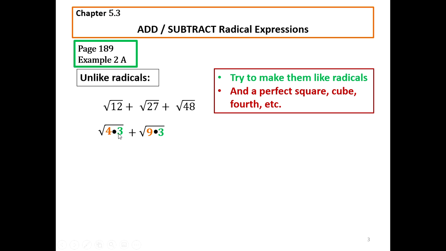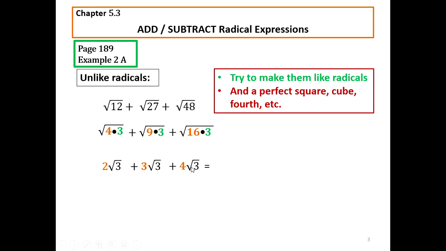So let's see also if a 3 goes into the 48. And yes, 16 times 3. So we have here, take the square root of 4, 2 comes out, 2 square root of 3. Square root of 9 is 3, 3 square root of 3. Square root of 16 is 4, 4 square root of 3.